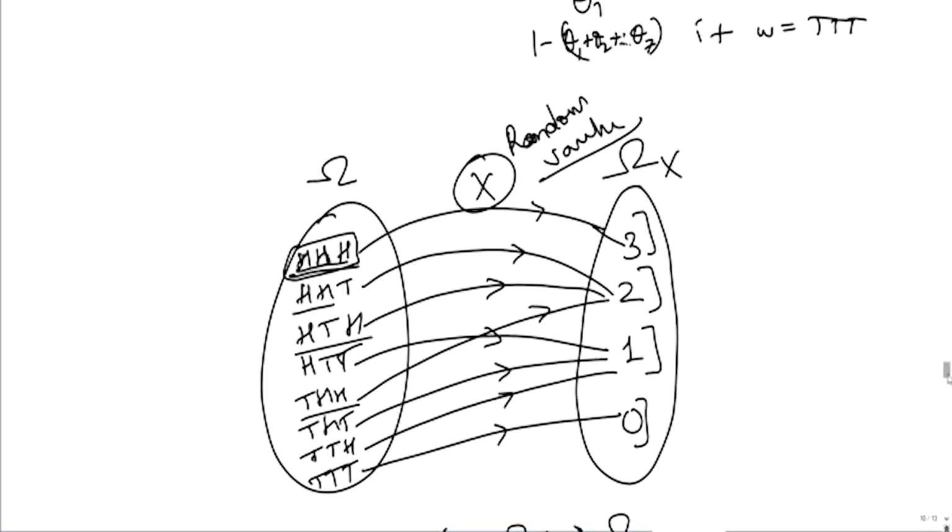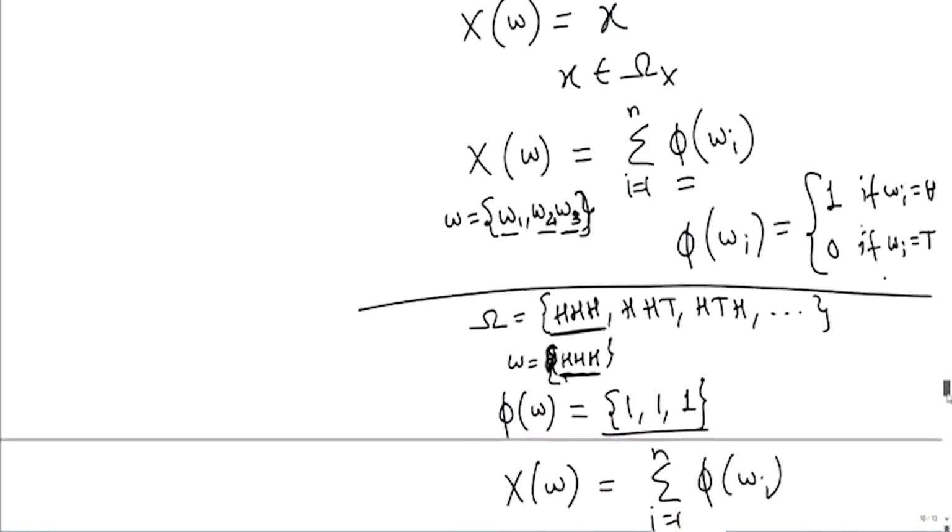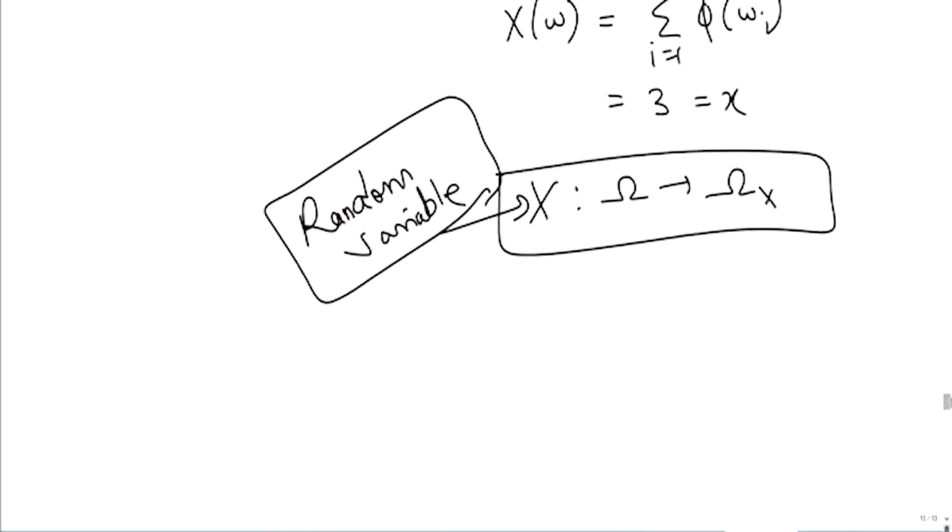So, you might have heard this term random variable, but it is not something mysterious or very complex, it is just a function. Random variable is not a variable or something random, it is just a function that takes the members of your sample space and gives you some numeric values. It is a function that maps your sample space to another well behaved numeric space omega x, that is it, right.